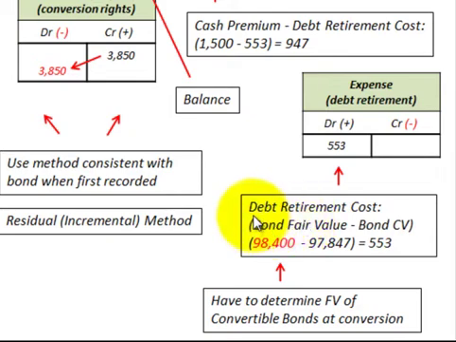To do that, we had to determine those convertible bonds' fair value at the time of conversion, and I just use an example here of $98,400. That was their fair value. And then we would subtract the bond's carrying value that we had over here, and in this case I come up with $553 as an expense, or we increased our expense here for the debt retirement of those bonds.